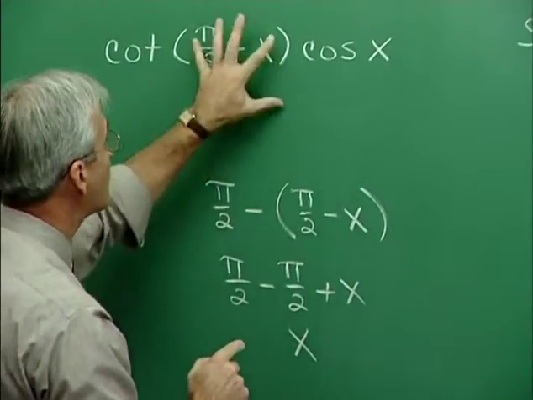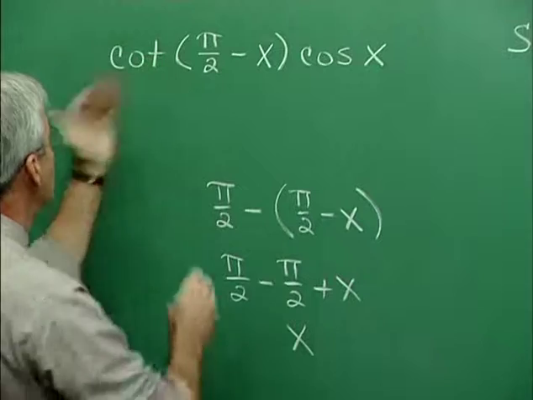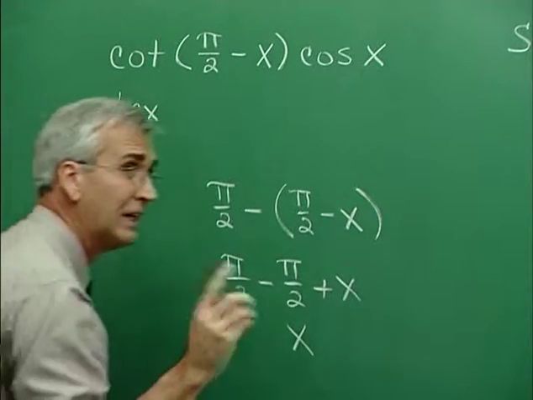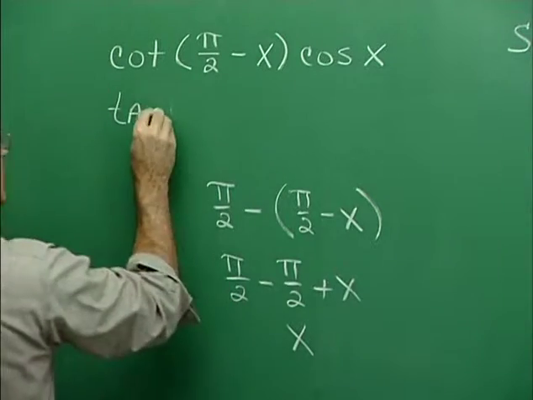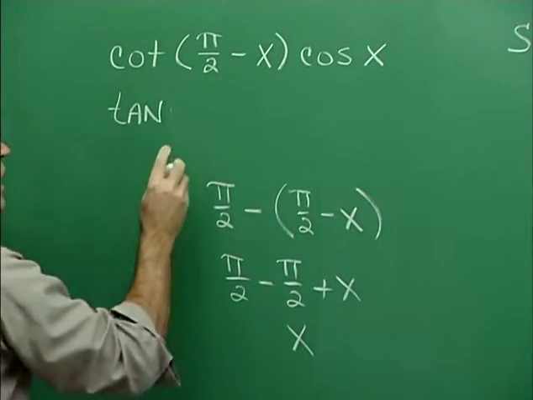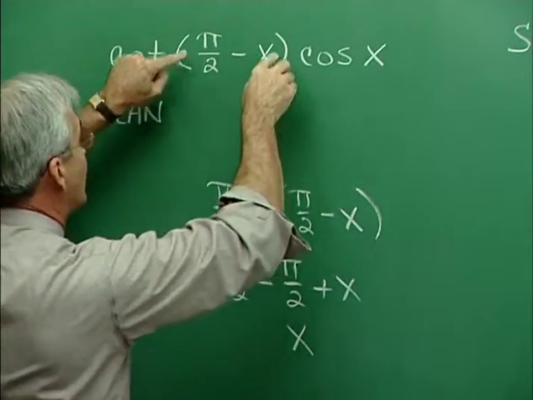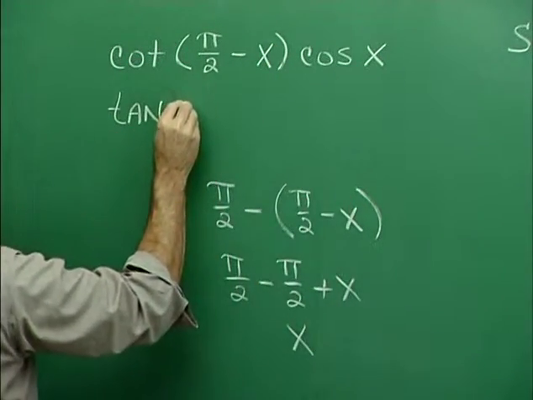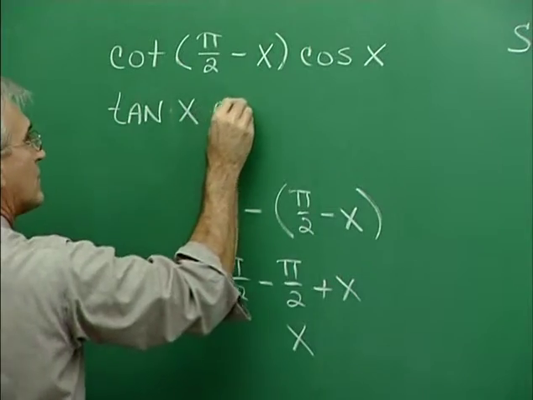Okay, now, if it is the complement of x, then we can rewrite this as the tangent of the complement of this, but the complement of this we found to be x, you see. So this is nothing but tangent x times cosine x.